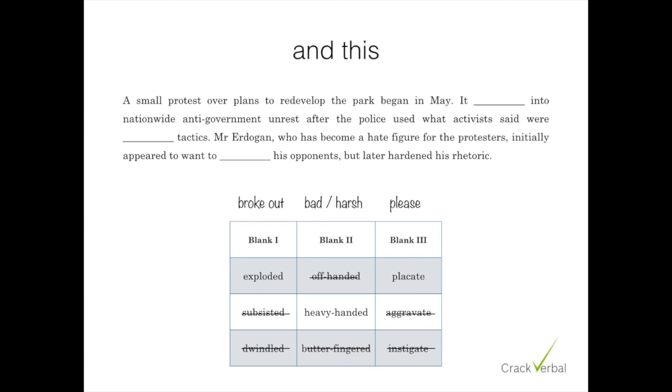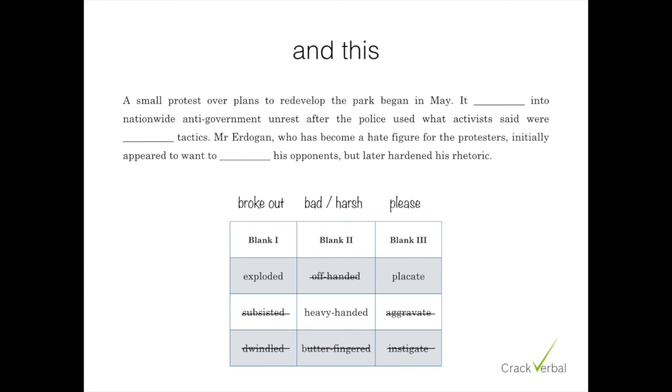What was difficult about this text? Well, number one, the blanks were a little more elaborate, and number two, to fill in the words, you really didn't depend on vocabulary as much. What you did depend on was your ability to understand the overall gist of the text. And if you had not understood that, you may not have been able to work with the blanks.